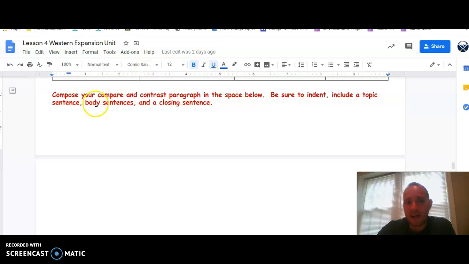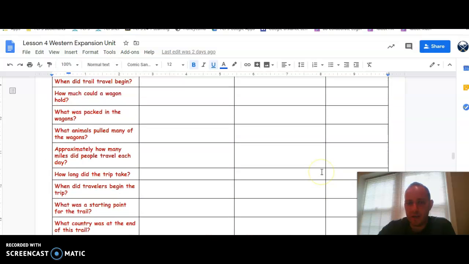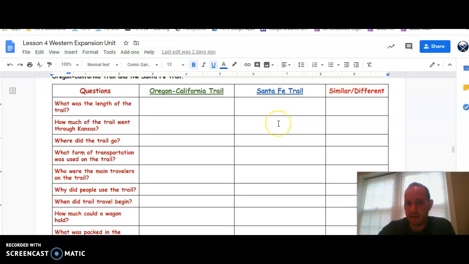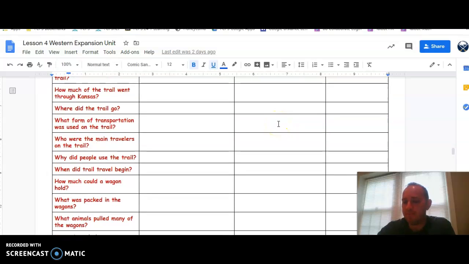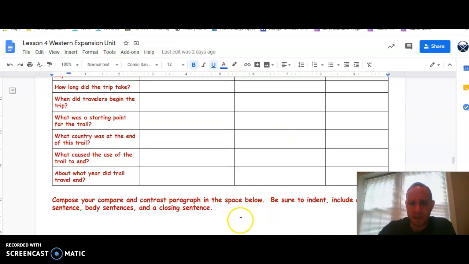Next, your body sentences should include evidence from here. You're going to have a lot of information from those articles listed here, and it should be very easy for you to take that information and put it into the body sentences, especially if you decide only to write about similarities or only to write about differences.